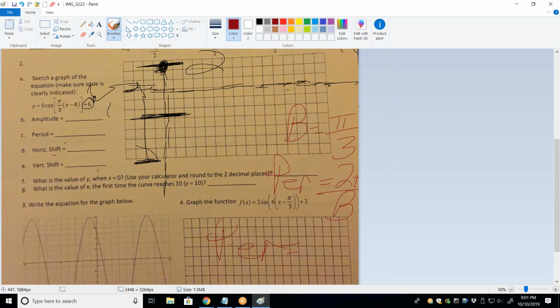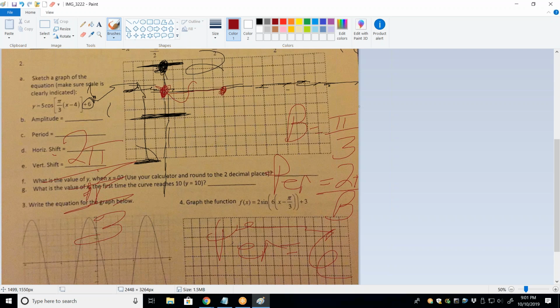Reverse those, actually it's 6. The period is 6. So that means I'm going to start everything there, and a full cycle takes me to there.